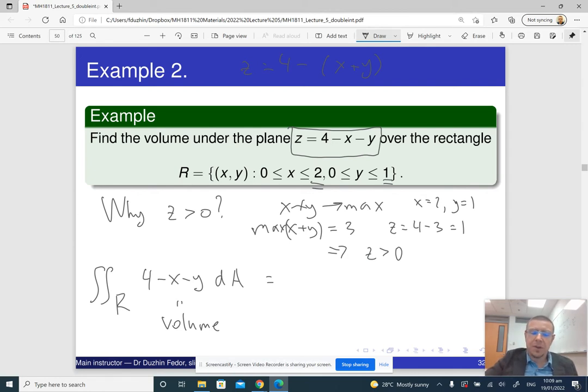Okay, so how do we compute it? Let's immediately substitute our limits. So from 0 to 2 with respect to x, and then from 0 to 1 with respect to y, 4 minus x minus y dy dx. So that's the integral that we are going to compute.